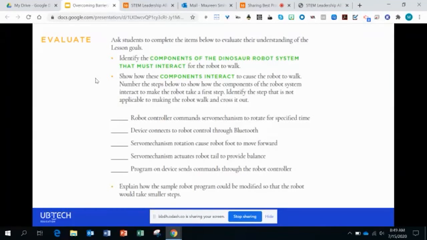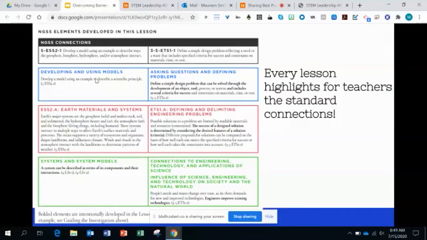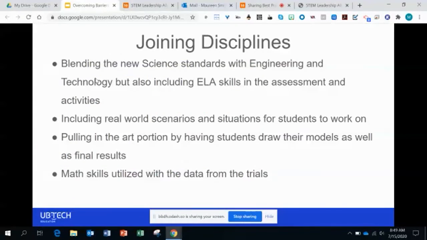Every piece has an evaluation that goes along with it so that we can really assess: are my kiddos picking up the pieces that I'm hoping they will from this? Again, the standards are all highlighted, and as you saw on the previous slide, there's even color coding within those statements.